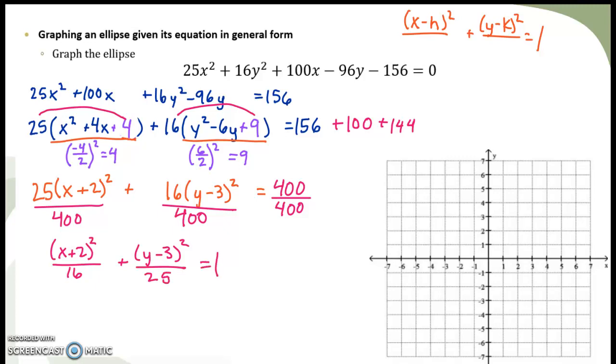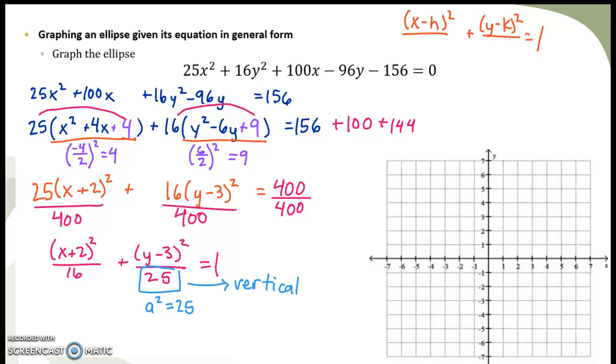So from here, I can graph this, right? My a value is the larger value. So a squared is the larger value, which is 25. This also indicates, because it's over the y, that I'm going to have a vertical major axis.